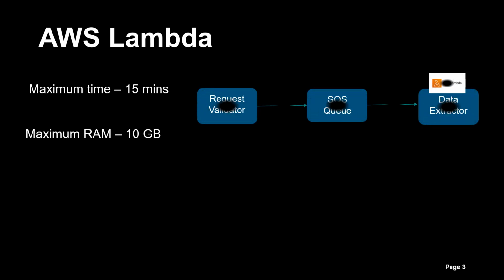So this is a usual flow which we have been talking about, that you would have something like a request validator which would post message in SQS queue, which will be distributed to data extractor, which is a Lambda function which will process it and then move it further, right? But then what if in certain cases your data extractor is taking more than 15 minutes? Let's say there are certain set of reports, right? The nature of these reports are long running, which means that they are expected to take more than 15 minutes by design.